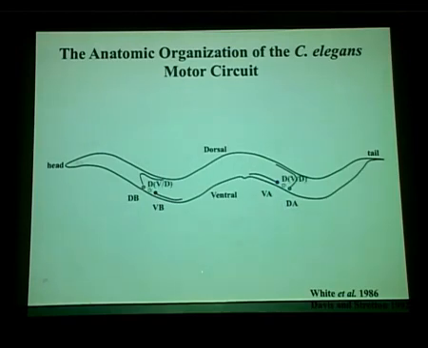A third class of motor neurons, called the D-class motor neurons, further divided into V and D classes again, is GABAergic. These neurons receive inputs from the B or A, and it's been proposed that because they're GABAergic, therefore inhibiting muscle contraction, they might be the component that generates body bending.